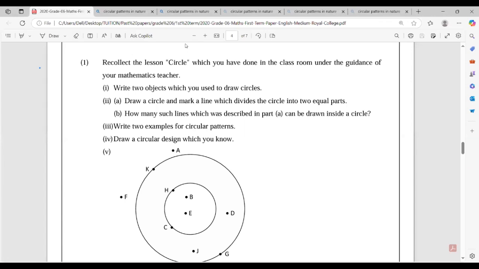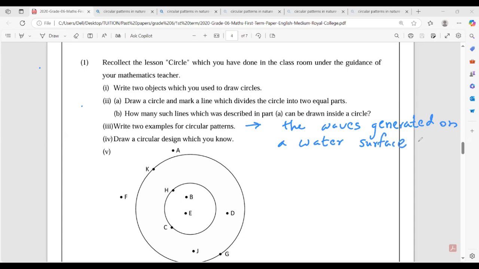Okay, then what are the two objects you can say? One example, I can say the wave patterns, the wave fronts, the waves generated on a water surface around a point.